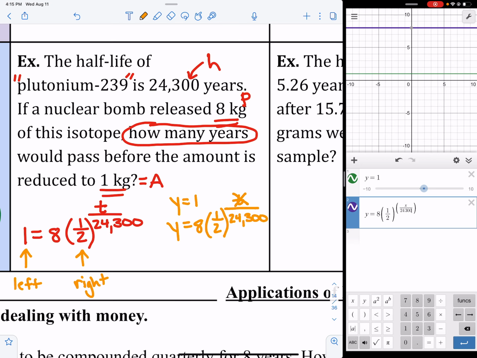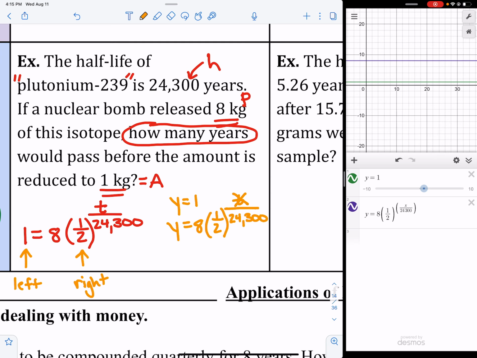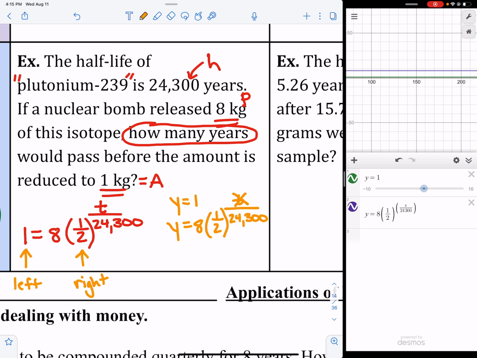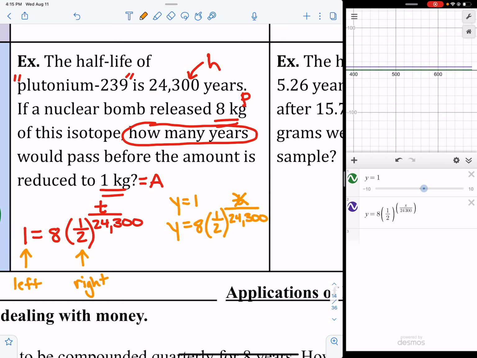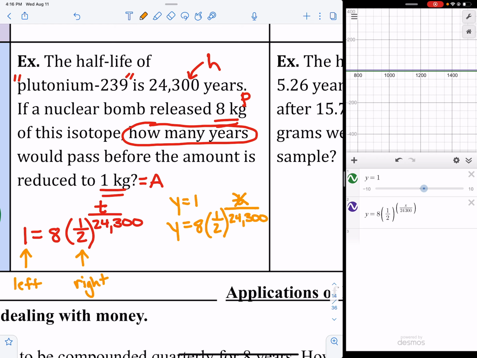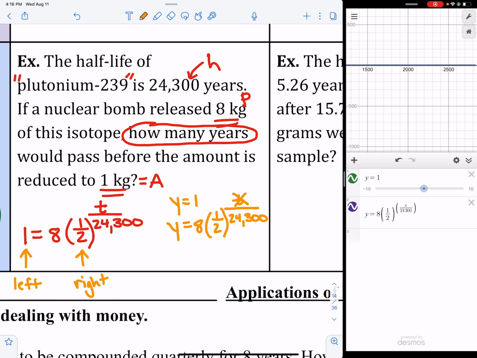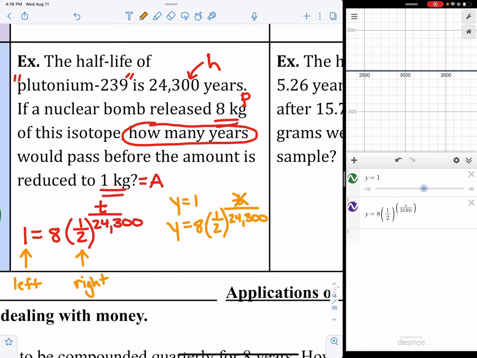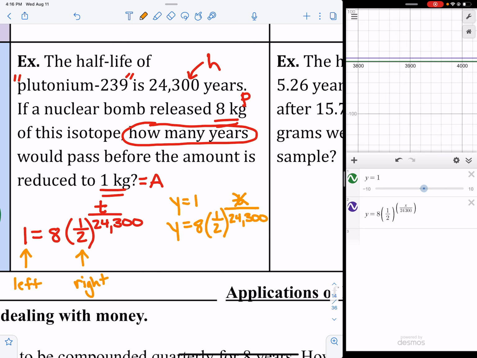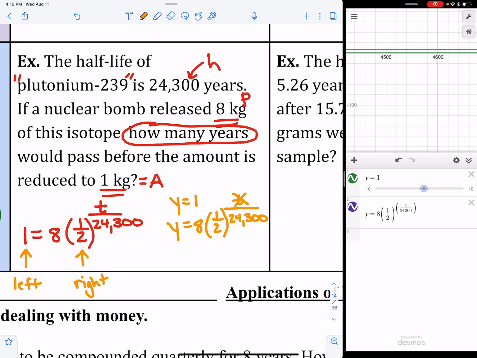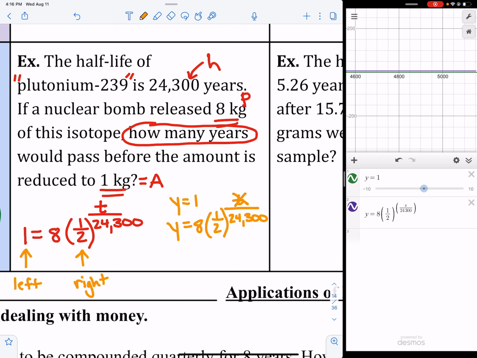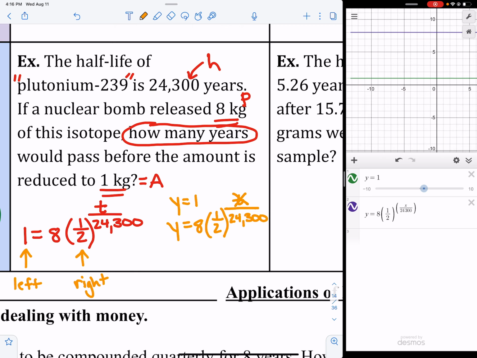So I'm going to hit the home button and I'm looking for where these are going to touch. So it's looking like, let's see. And if you click around up there, let's see. Let's go back to home.